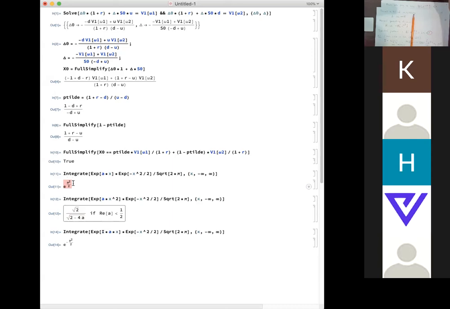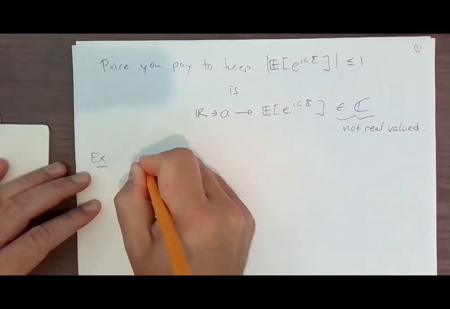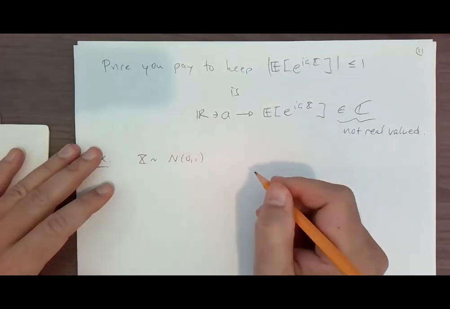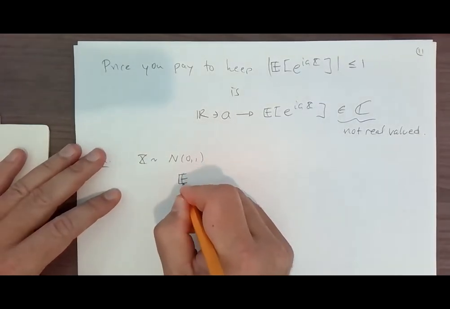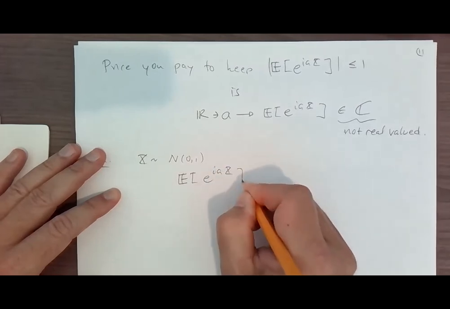And this has a lot to do with the bound that we just derived, because there's just no way. So let's go back to an example. If I have x to be standard normal, you cannot have the same formula.